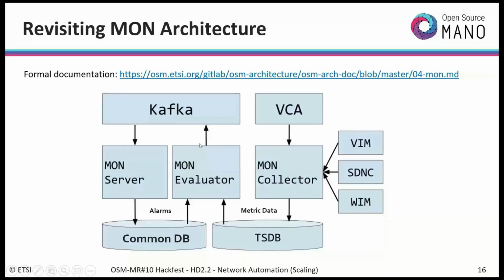Okay. Now, there are two modules that came into the picture when we did that scaling. One is the MON module, and there is another called the POL module. MON is the monitoring module, and here there is a collection service, the MON collector, which is collecting the metrics. Here it is not the VCA, rather it is the Gnocchi client from which it directly connects.